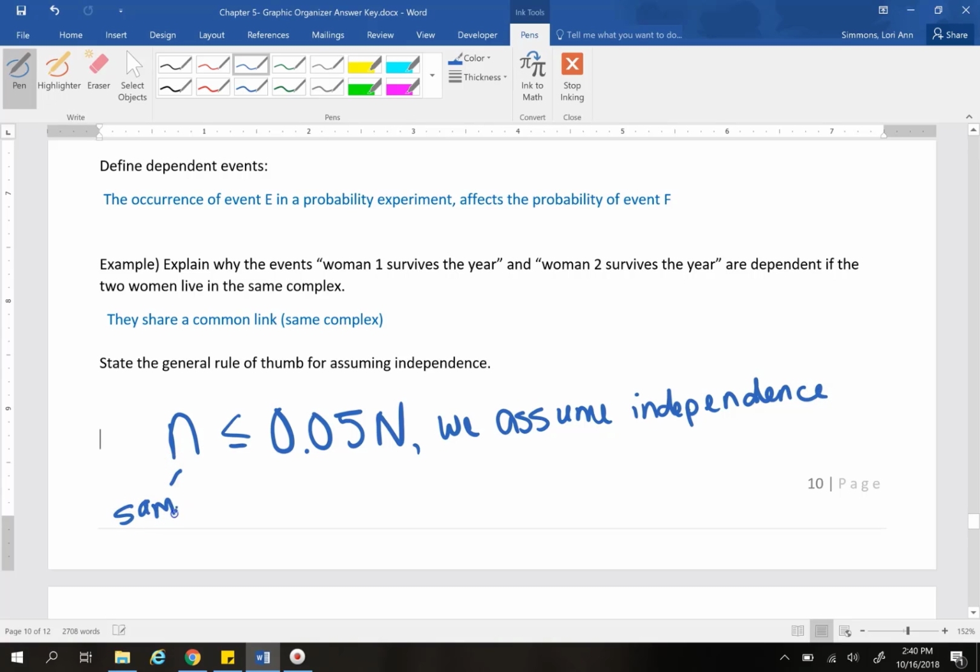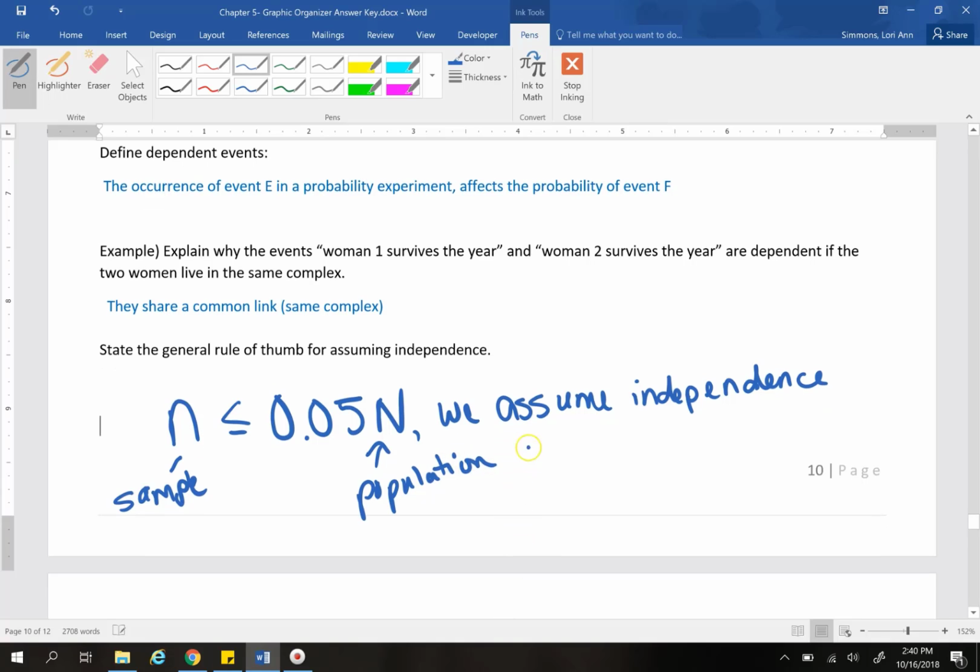So again, if your sample is less than 5% of your population, we can assume that they are independent.